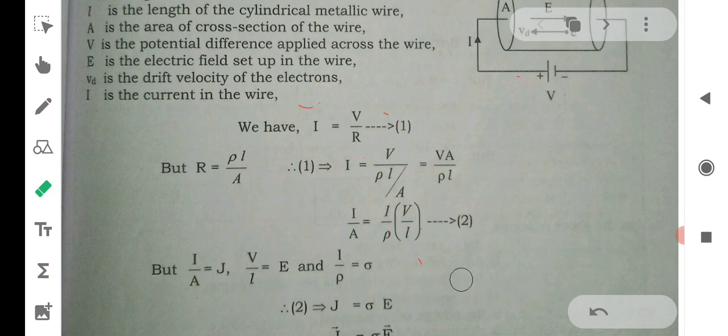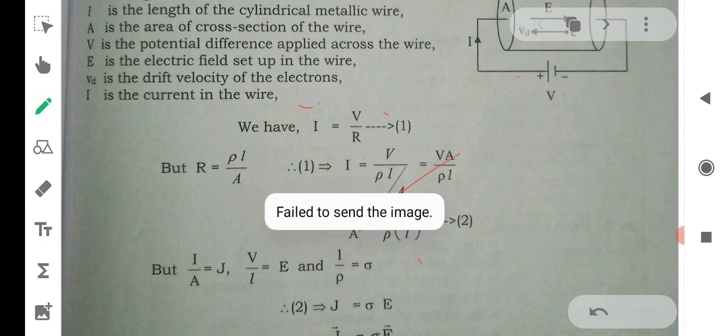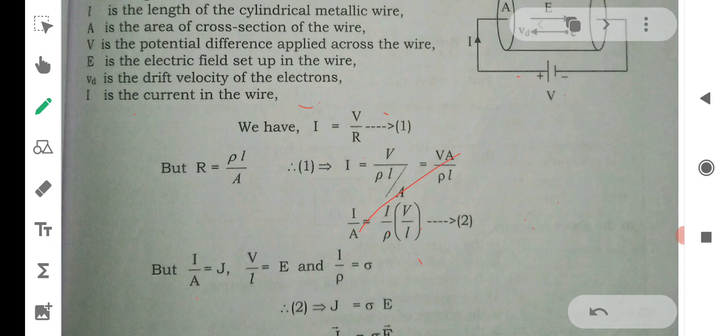Now I am taking this A to this side, so I divided by A is equal to 1 divided by rho, and the remaining V divided by L.